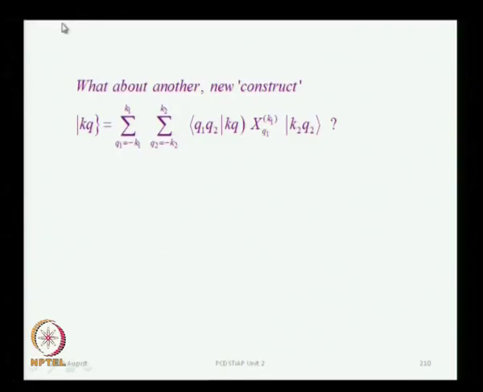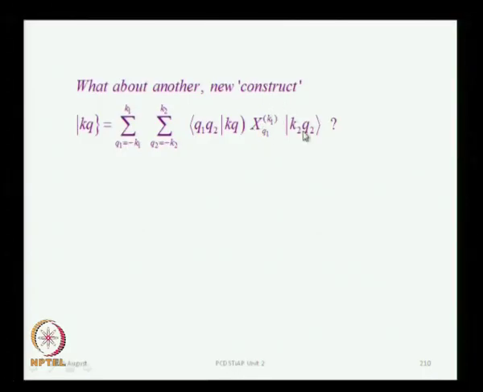Now, we ask, if you take one of these to be an operator and the other to be a vector, and construct a new creature which is some sort of a hybrid creature, because it is coming from the combination of an irreducible tensor operator and an angular momentum state. But this is an operator, so this operator operating on a vector will give you another vector. So, the right hand side is a superposition of vectors, so you know that it will turn out to be a net vector.